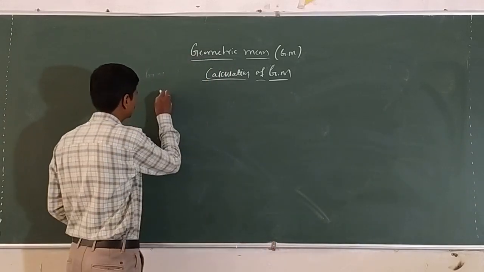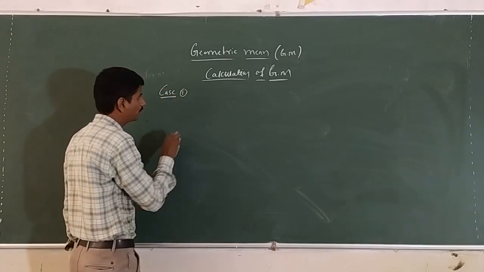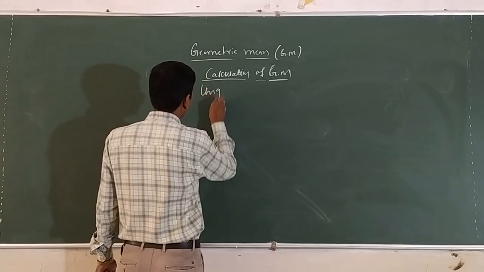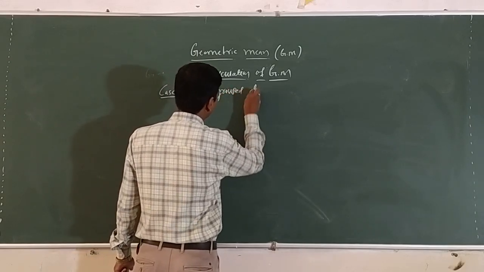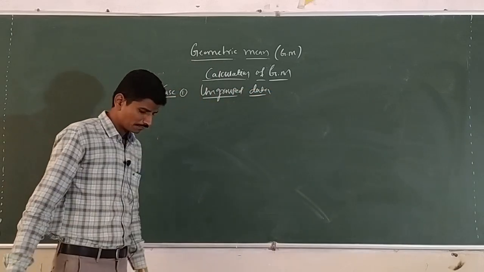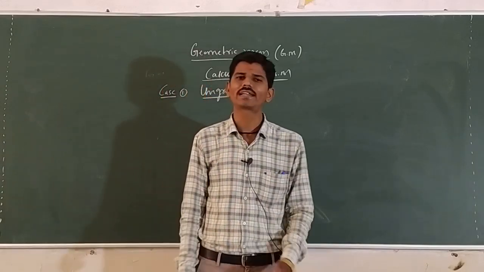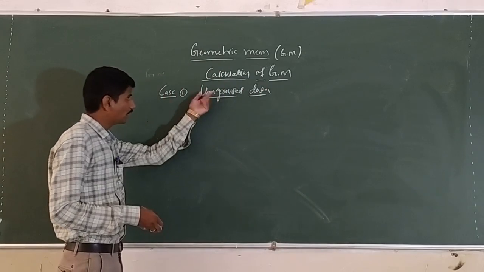Okay, here the first case, case 1, ungrouped data. Ungrouped data means if the frequencies and class intervals are not given, then it is said to be ungrouped. Here, how to calculate GM in the ungrouped case?